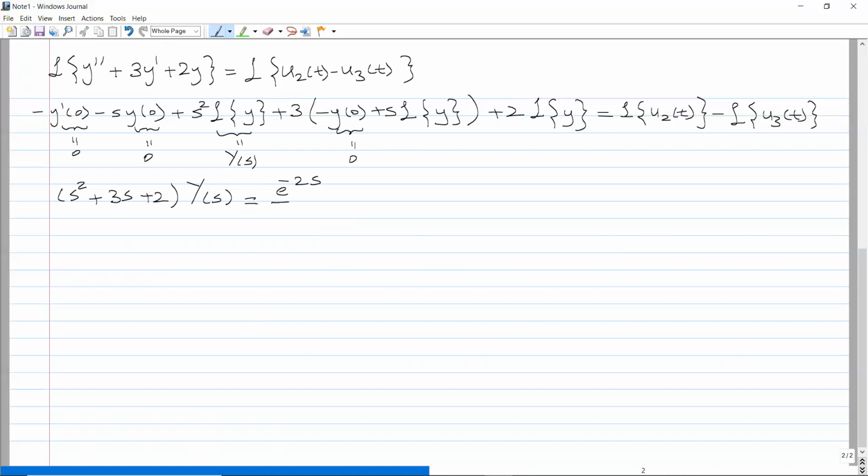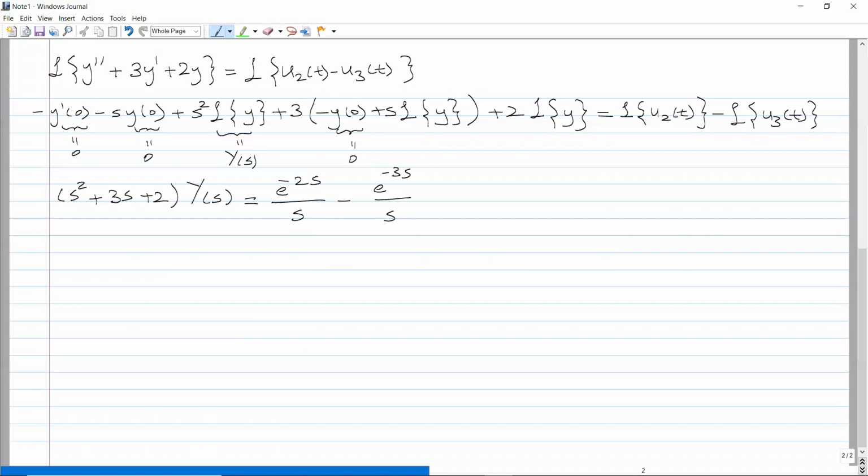And remember, the Laplace transform of 1 is 1 over s, minus u3, e to the minus 3s over s. Again, these we did, Laplace transform of piecewise continuous functions, unit step functions. We did it in the last lecture.